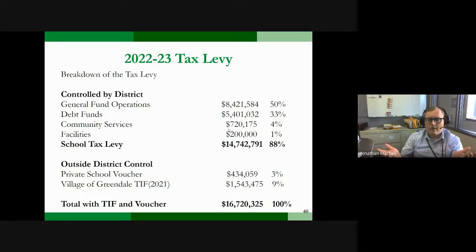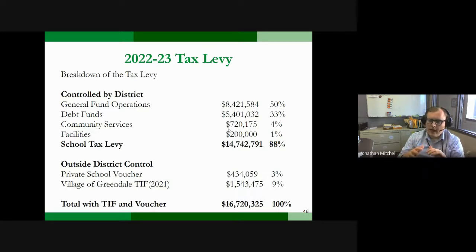So here we see those items that are controlled by the district, the general fund operations, debt fund, community services, and facilities. So you'll see the general funds make up 50% of that total tax levy, debt funds being a third, 33%, our community services being 4%, and then $200,000 specifically to facilities would be 1%.